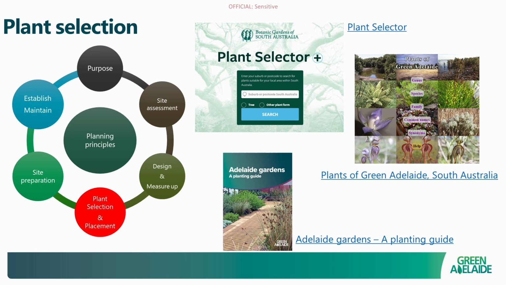If your purpose is more focused on urban wildlife, then an example there on the screen, the Adelaide Gardens Planting Guide, provides a lot of information about general local native species for the wider Adelaide region. You can see there's also a link to the Plants of Green Adelaide website, which has heaps of information about specific plants.